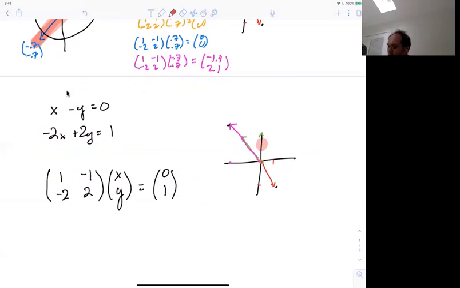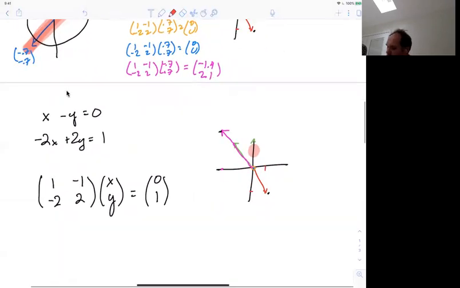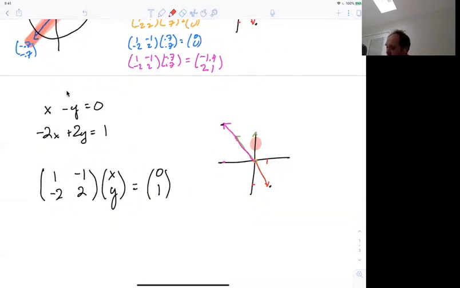But of course, we know that this is in fact impossible because this transformation is squishing all the points onto this line, and since this endpoint is not on the line, there's nothing that's going to end up being there. So geometrically, we can have an idea of what it looks like when there is either no solution or infinitely many solutions. But what does it mean algebraically?